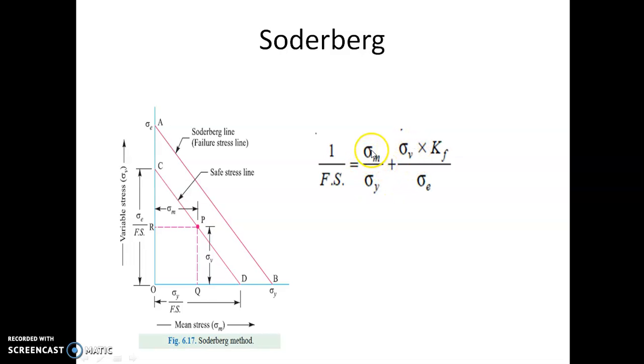Sigma mean equals sigma max plus sigma minimum by 2, and sigma v equals sigma max minus sigma minimum by 2, into the stress concentration factor Kf, and sigma e is the endurance limit strength. Here sigma m by sigma y relates to yield strength and sigma v by sigma e relates to endurance limit strength. So it is the Soderberg formula.